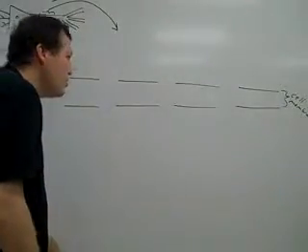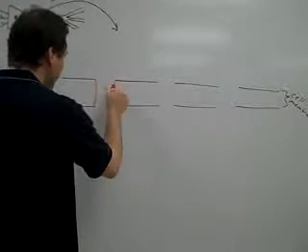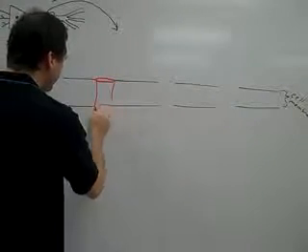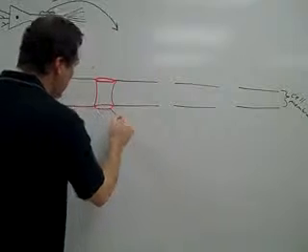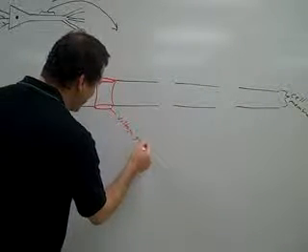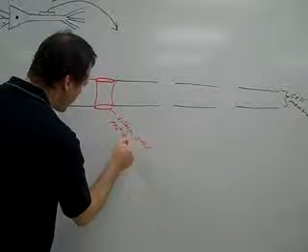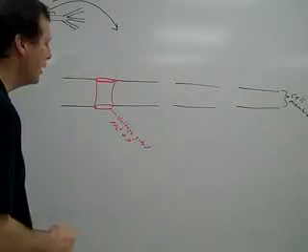And we're going to go ahead and draw in some transport proteins. So here's one transport protein. And this is going to be called a voltage-gated sodium transport protein. I'll put TP.